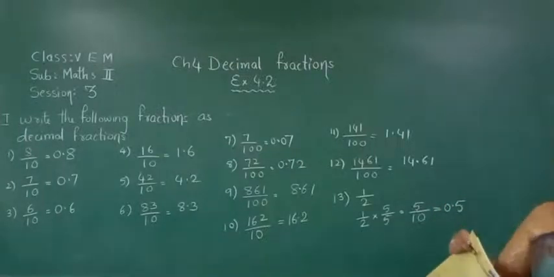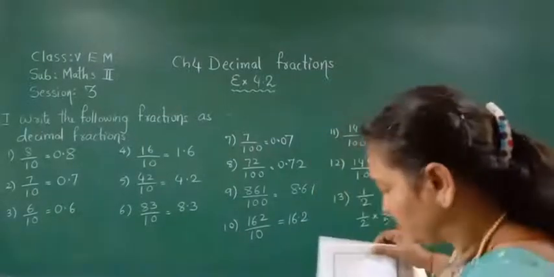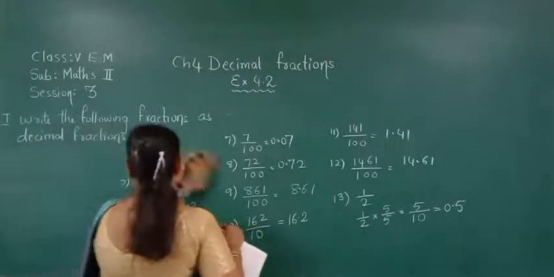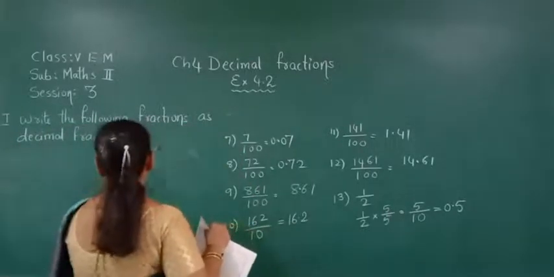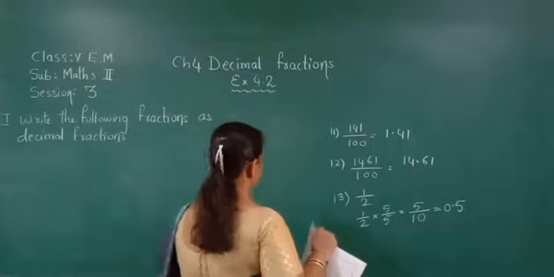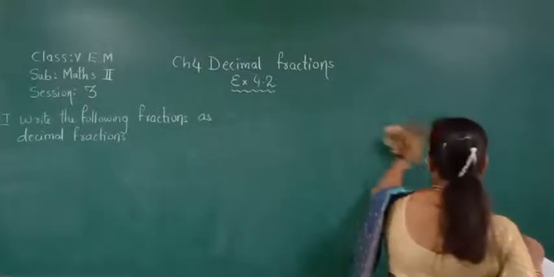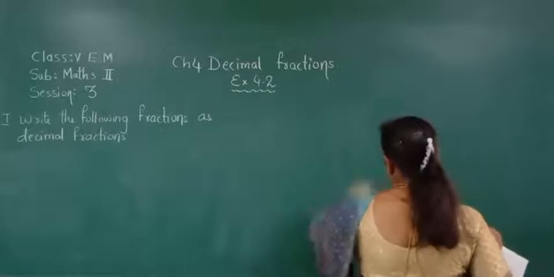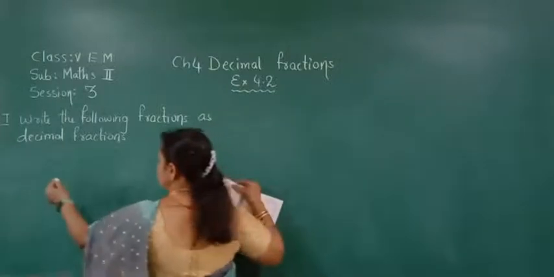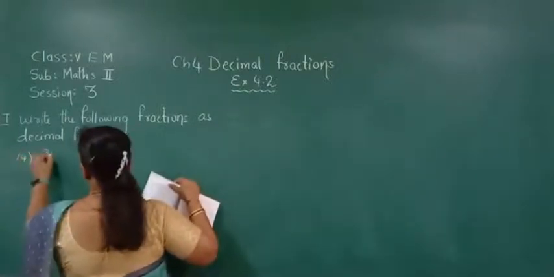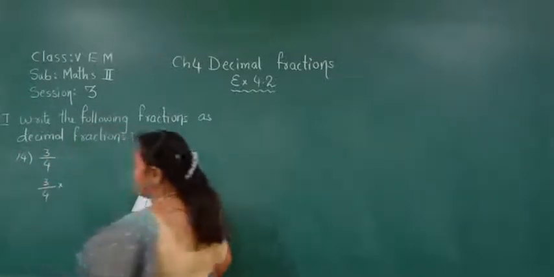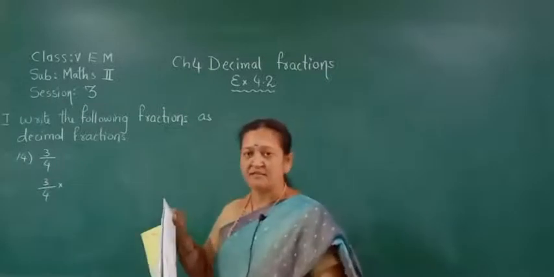Then let me go to the 14th question. Fourteenth question is 3 by 4. Then for 3 by 4, in the 4 table we can't find 10, so we should go for 100.